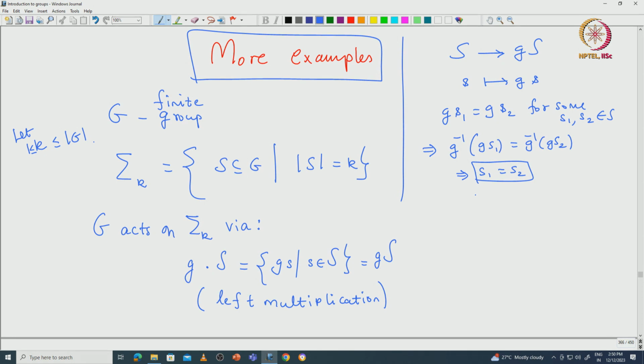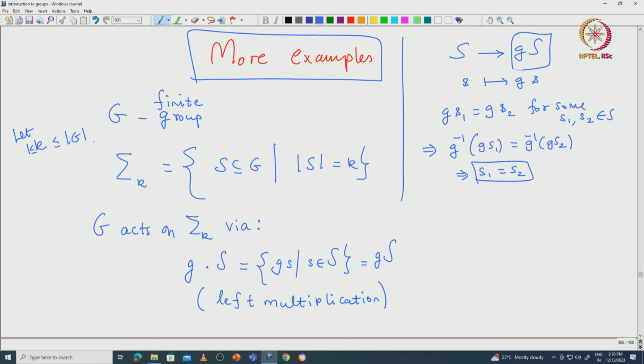So since this is injective, you can easily see that this is also surjective.